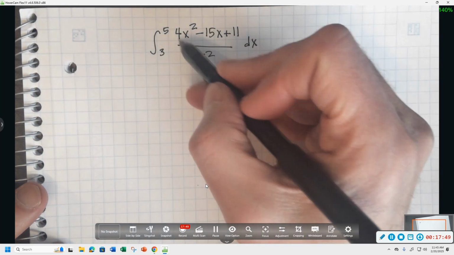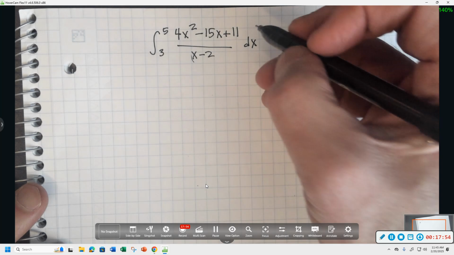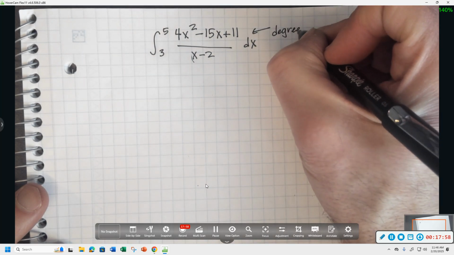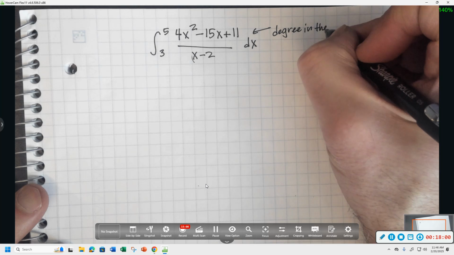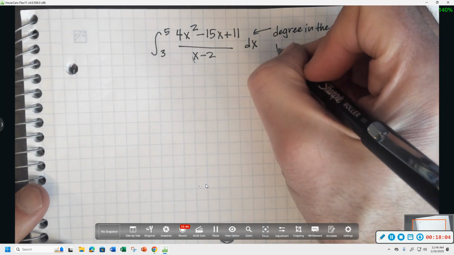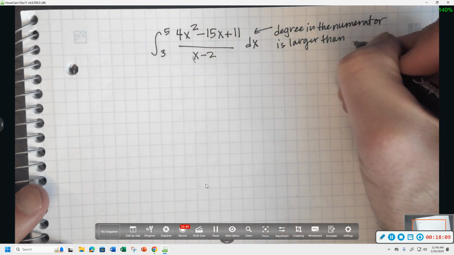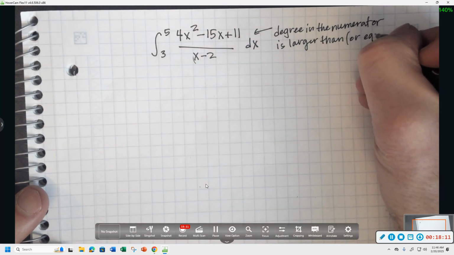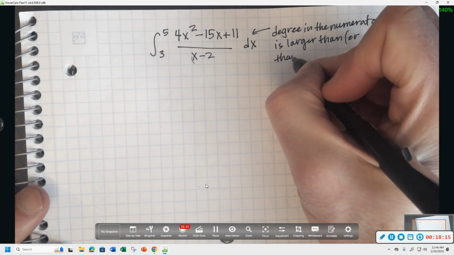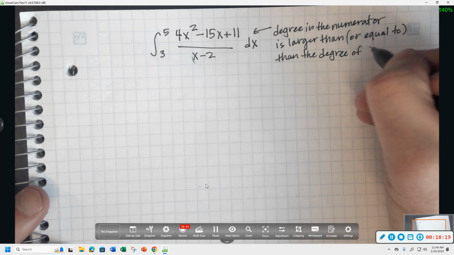So we have a polynomial on top, and we have a polynomial on the bottom. And right now we have something where the degree in the numerator, what is the degree in the numerator? 2 is larger than or equal to, like that would also be a possibility, the degree of the denominator.